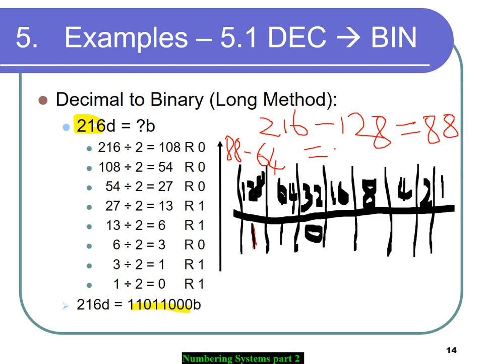You get 24. Now 24 is smaller than 32, so 32 cannot be used. As you can see, that's why it's a 0, right? But 24 can go with 16, so 24 minus 16, what would that be?